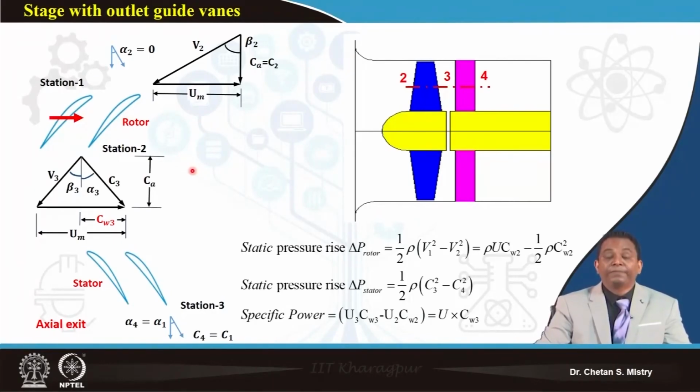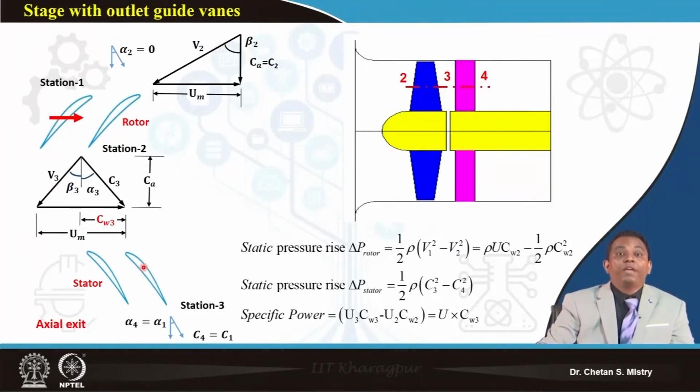Here we find our exit to be axial as well. You can see this is my axial exit. By providing this outlet guide vane, we are taking care of the whirl component coming out from the rotor.